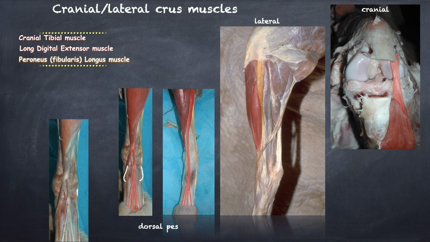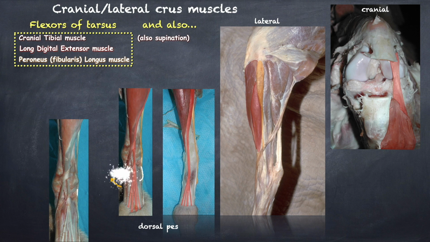Okay? These guys primarily are going to be flexors of the tarsus, but also the cranial tibial does what? It's going to supinate. Remember, it goes around that medial aspect to attach to the metatarsals, and so that's going to cause a lateral rotation. So it supinates.